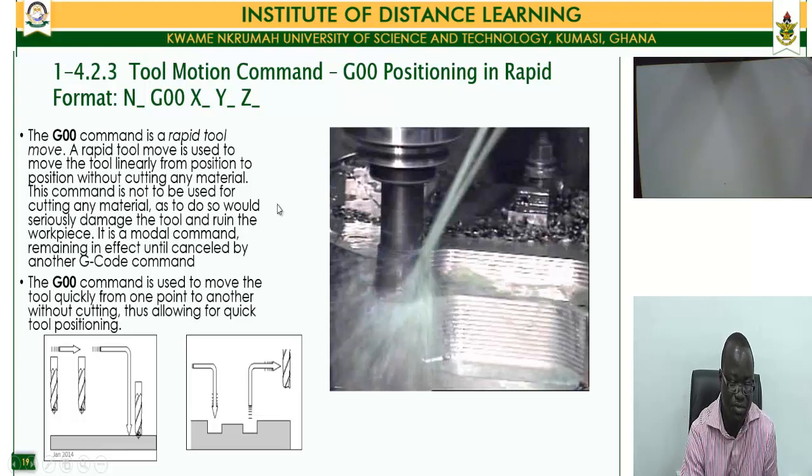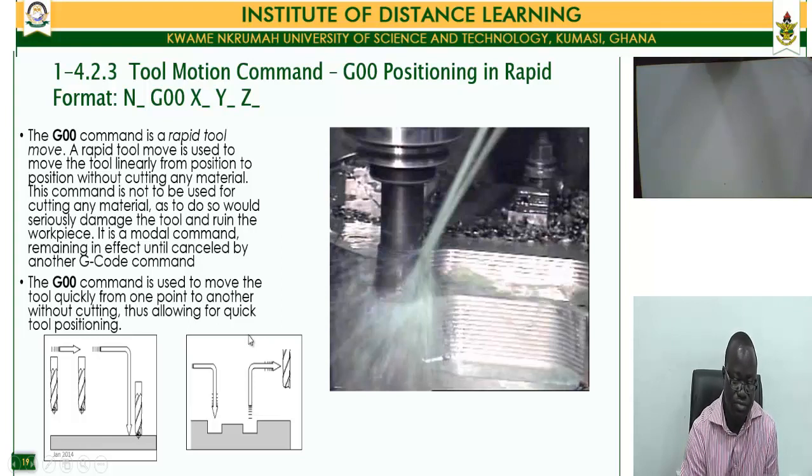So you ensure that the tool will move in a way that will clear off the workpiece without interfering with any feature, and that will ensure that the workpiece is safe and not damaged, and the tool is not damaged either. So I'm going to play the video to show you what a G00 command actually implies.